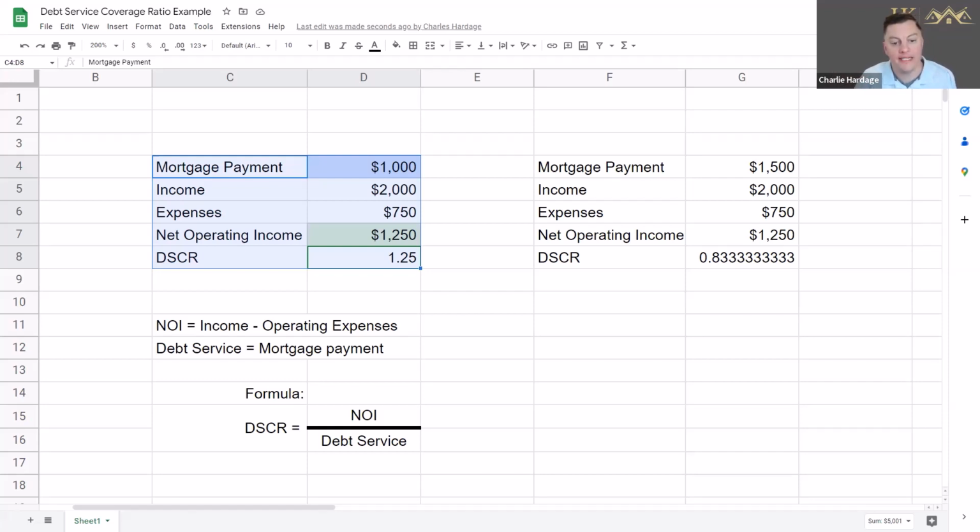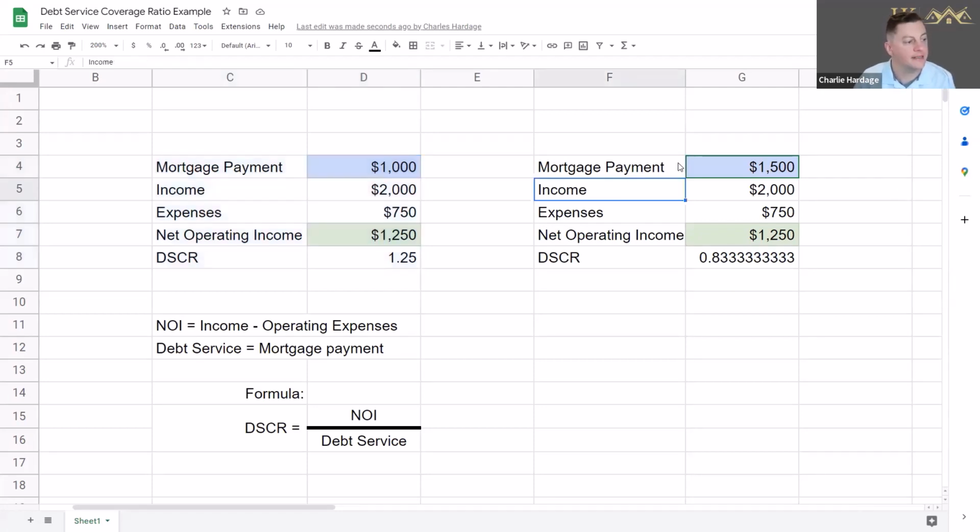On this example over here, we're going to use pretty similar numbers. However, the mortgage payment's going to be a little bit higher. And maybe that's due to a rising interest rate. Maybe they put less money down or it's a more expensive property.